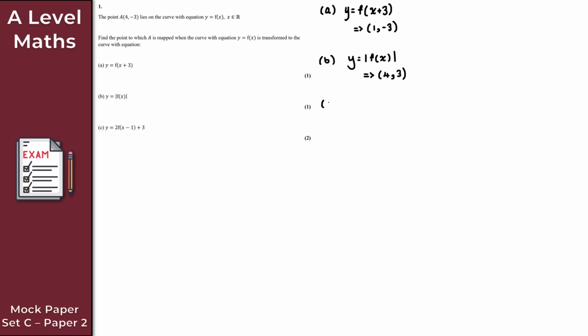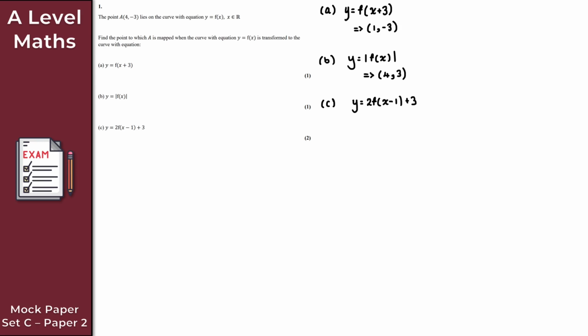To finish with, the very last part of question 1, part C, I've got y is equal to 2f of x minus 1, plus 3. This part of the question is really the only part that could cause an issue, because we need to be careful in the order in which we apply these transformations.